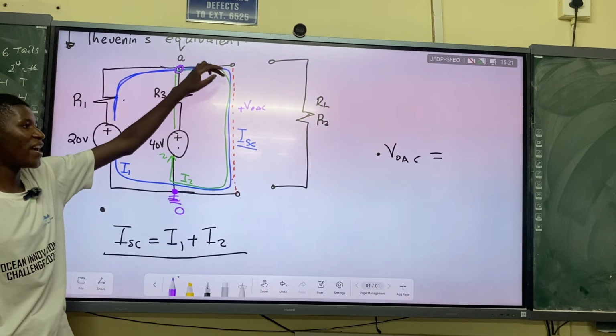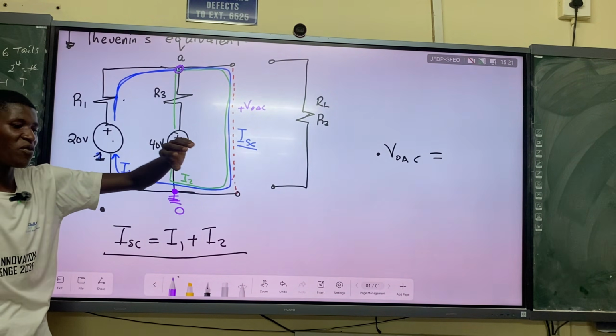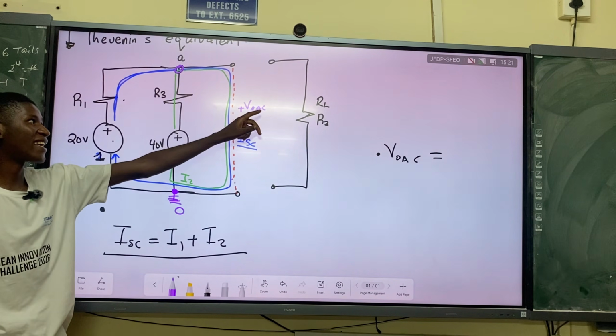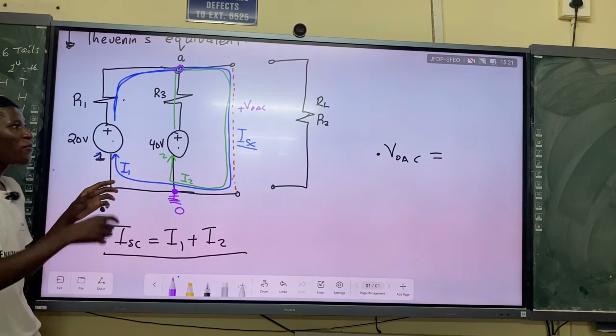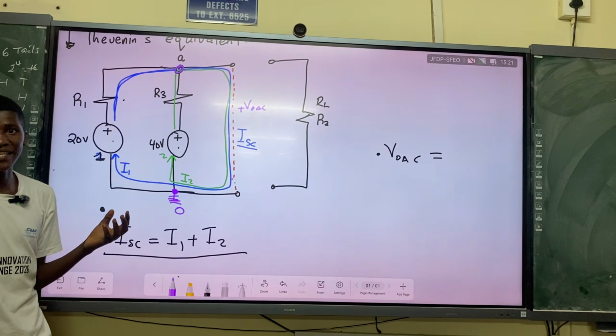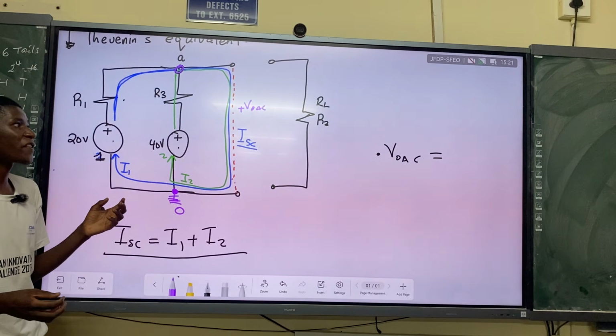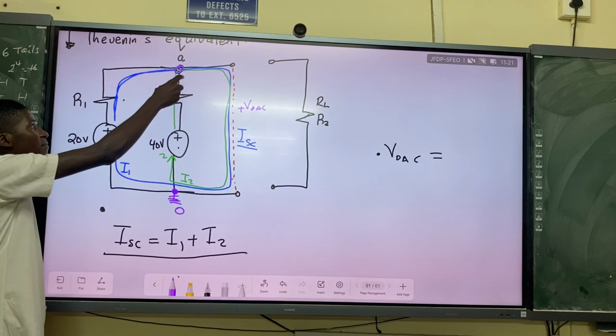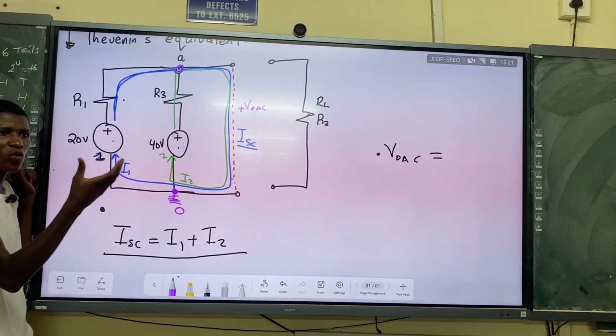If I'm going to get VOC, VOC is basically V open circuit, right? So if you remember, V is voltage, and the voltage is the potential difference between one terminal and another terminal. A terminal is just a node, right?